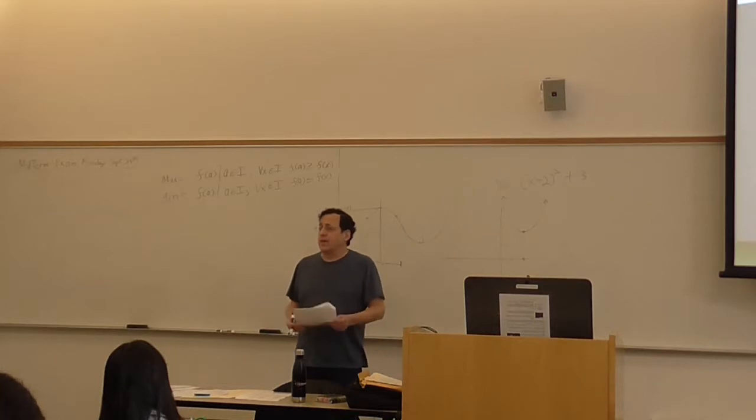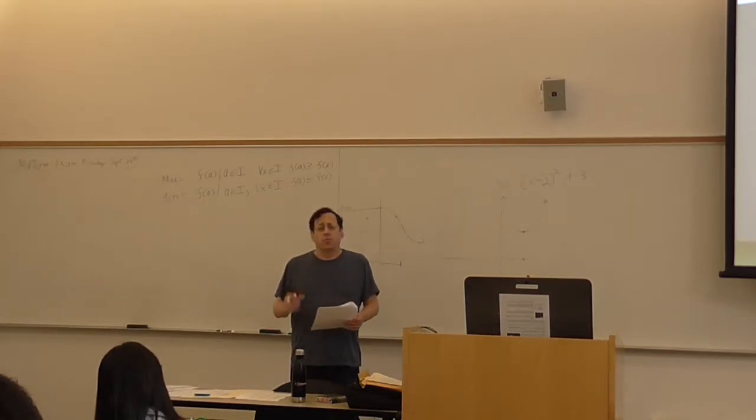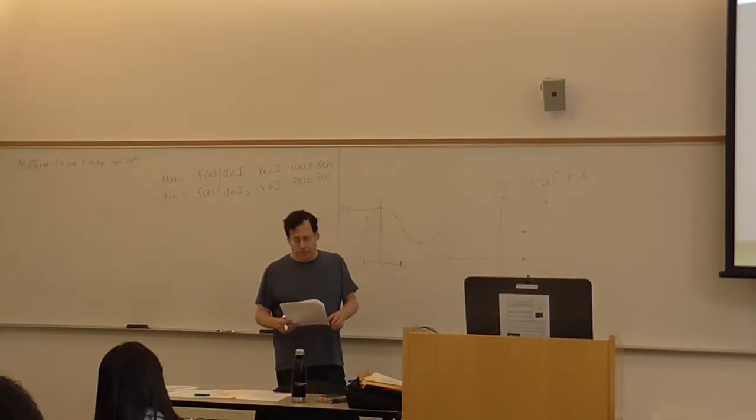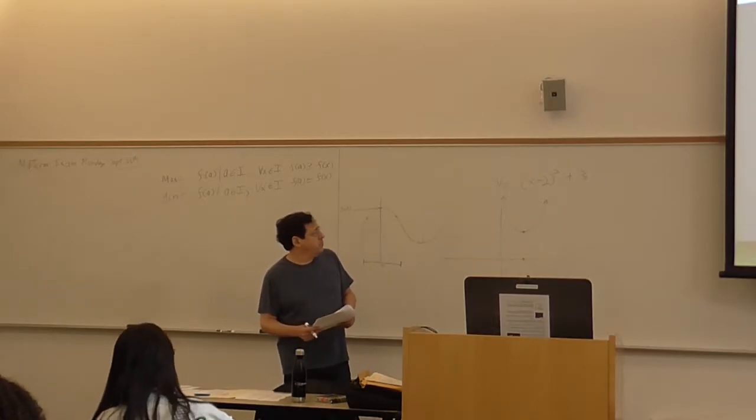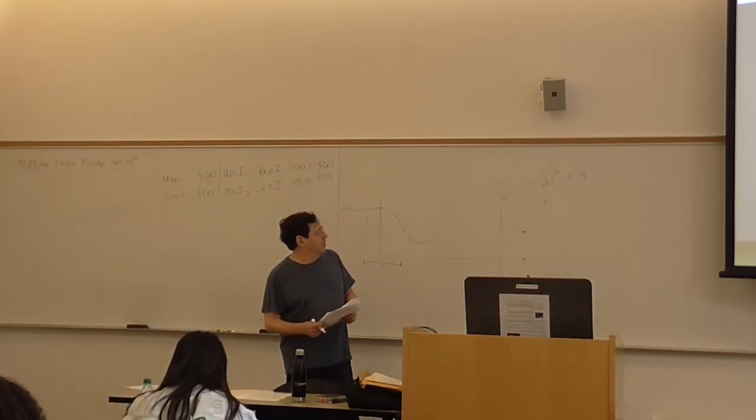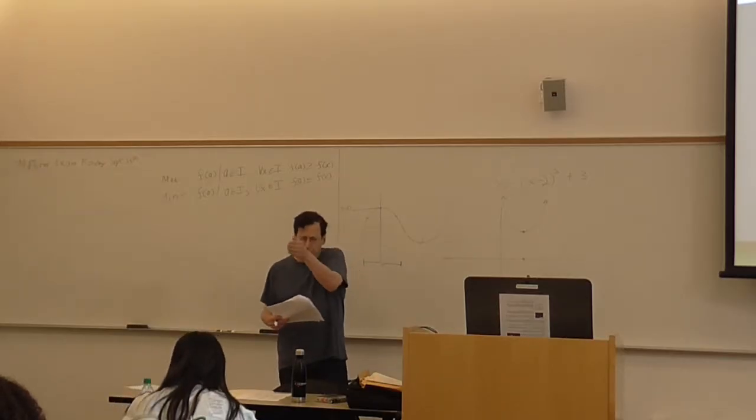You could use your graphing calculator, and if you plug in a function, you'll notice that there's a feature under calc that says find the minimum or maximum. You have to be careful. You have to start looking in the right place.